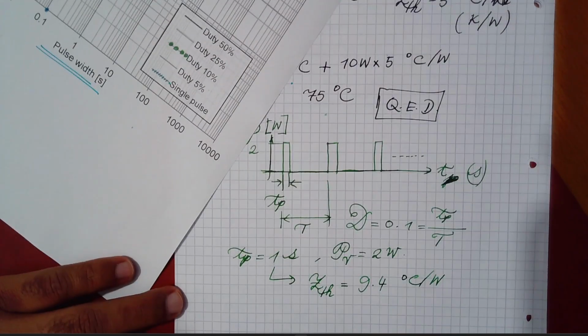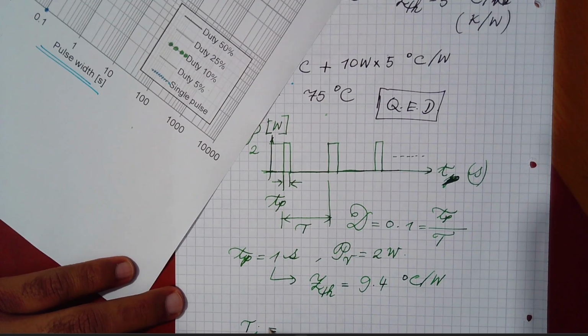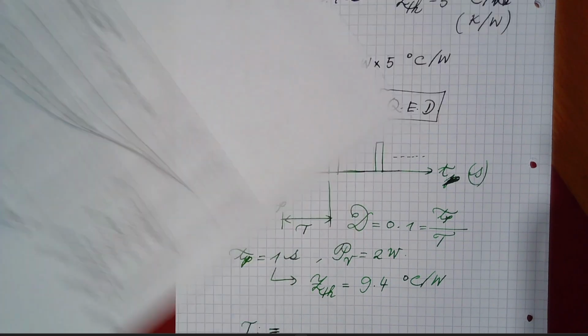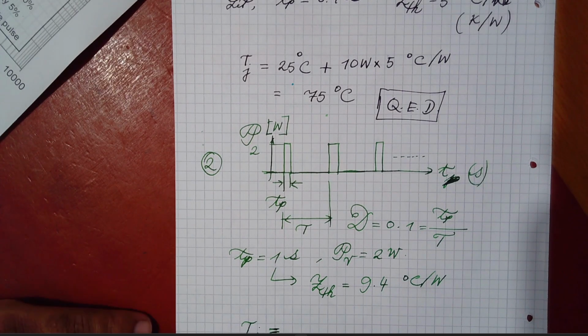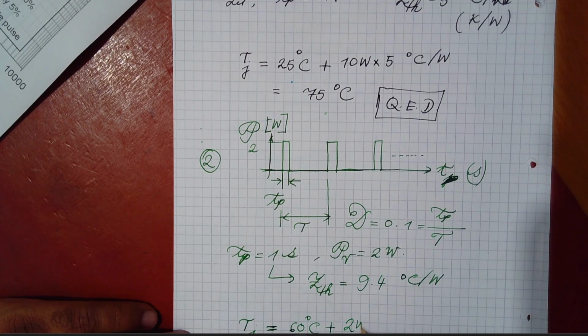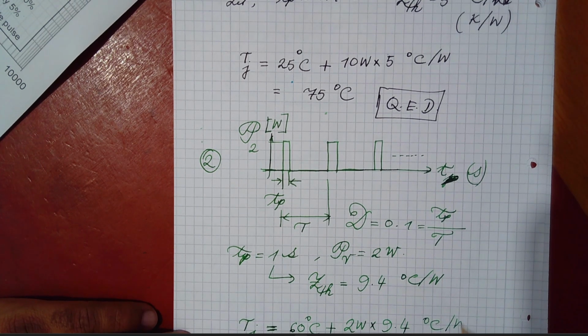The only thing that's remaining is to calculate the T junction. Let's assume an ambient temperature of 60 degrees this time. So 60 degrees plus P, which is 2 watts, times ZTH 9.4 degrees Celsius per watt.